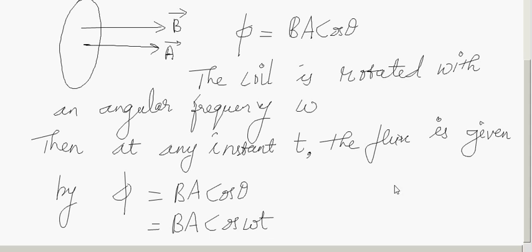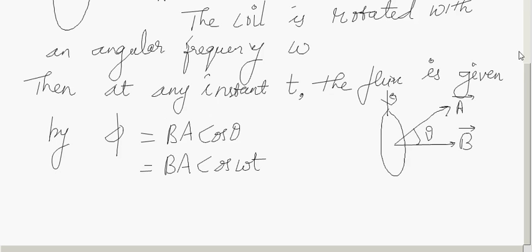Now that was the initial position. At any other position it will be something like this, with B and the area vector like this. So this is angle theta. So phi is BA cos theta, which is BA cos omega t.